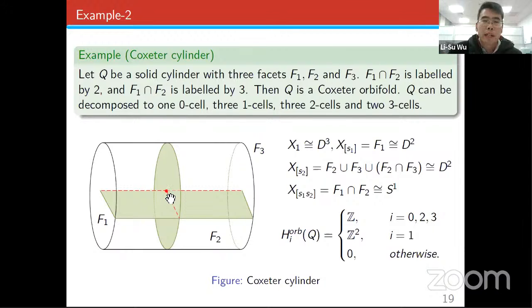There is only one 0-cell and three singular 1-cells, and three 2-cells, and this 3-cell. We can get the homology group for this, and we can also use our theory: X1 is just its underlying space, isomorphic to D3, and S1 means F1 itself, because this is 2, so F1 is not equivalent to this.